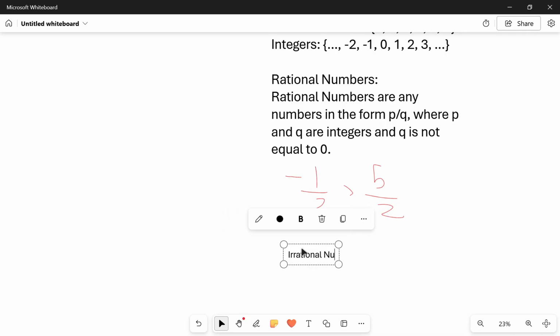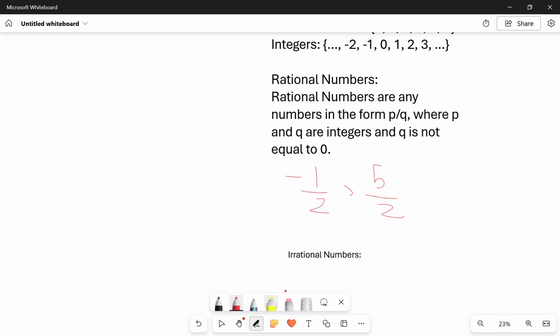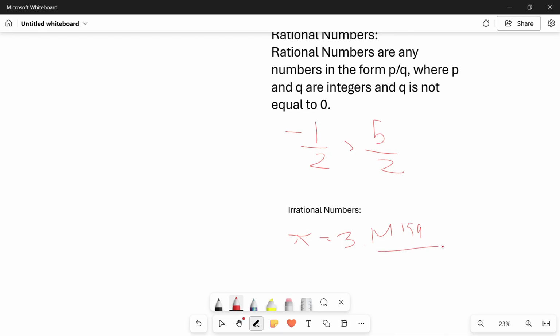Next, I have irrational numbers. Now, irrational numbers are basically not constant, so they are not recurring decimals. So they are something like pi, which is equal to 3.14159, something like that. So this is not 3.111, it's 3.14155.